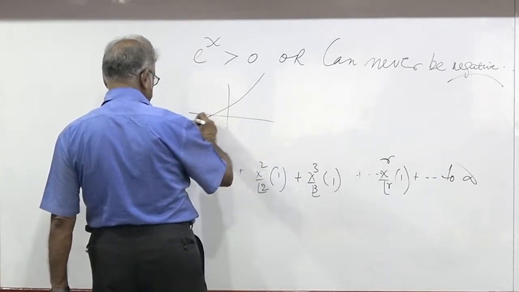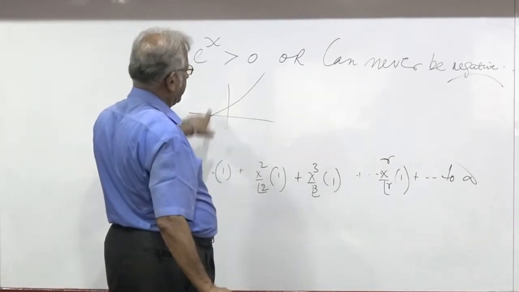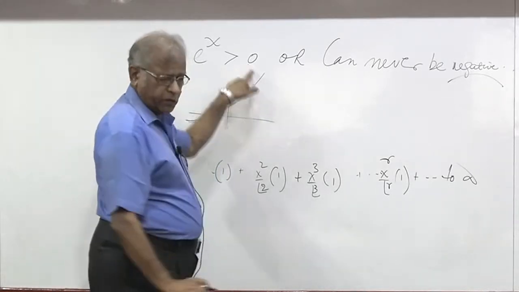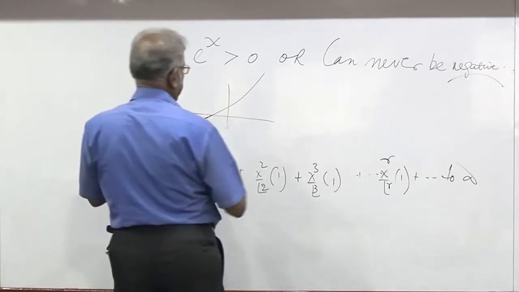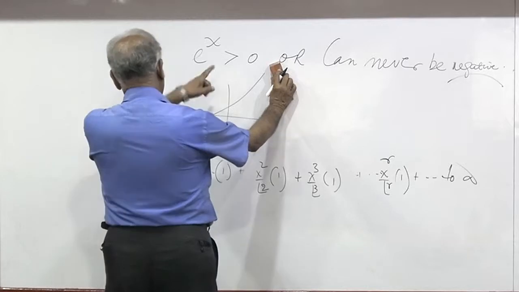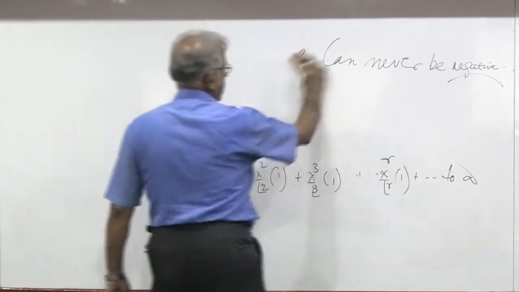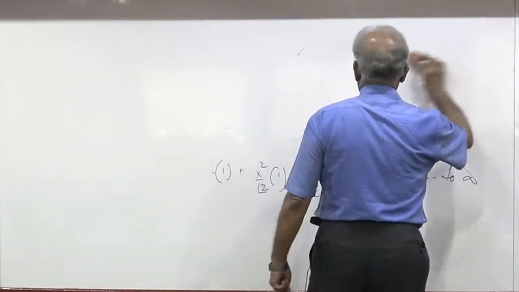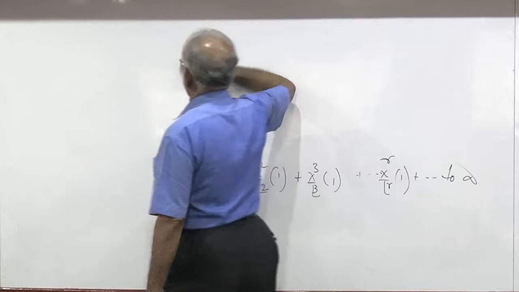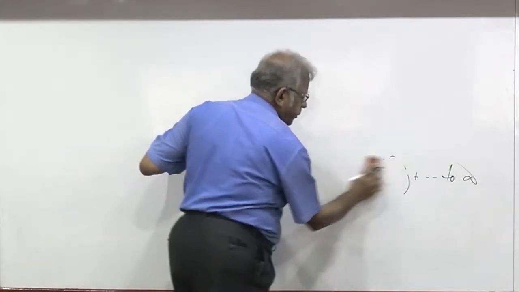This part is fake. This can never happen. e to the power of x can never be negative. It's a very important property. It's always greater than 0, can never be equal to 0. It's greater than 0, not equal to 0 at all.